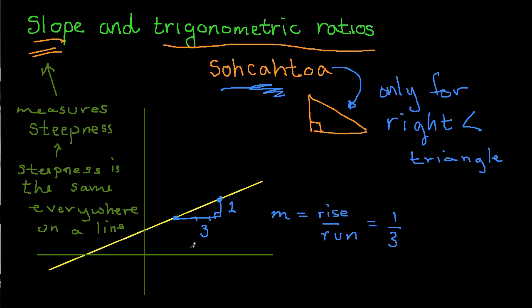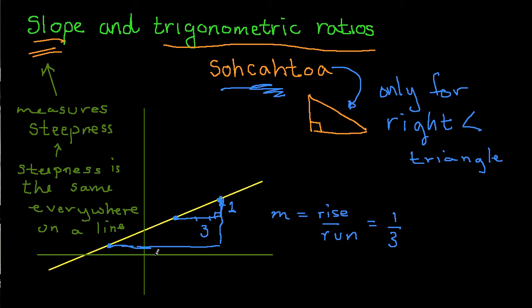Okay, so back over here. So slope measures steepness. The steepness is everywhere the same on a line. So a line, steepness never changes. So what if I wanted to compare, instead of this point and this point, say, this point and this point? That means my run would be, wow, I'd be going all the way from here over here. So I'd have this whole horizontal distance to get up that amount.